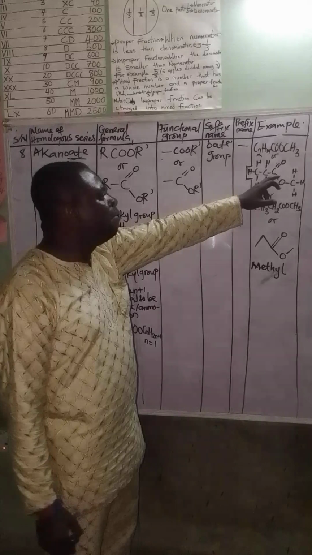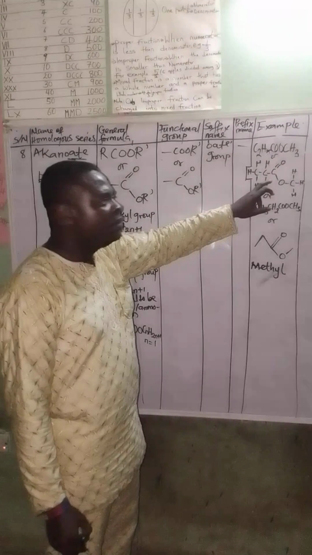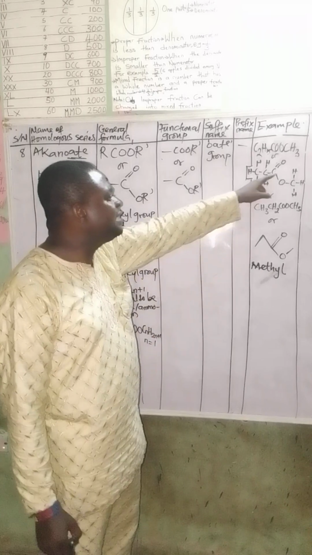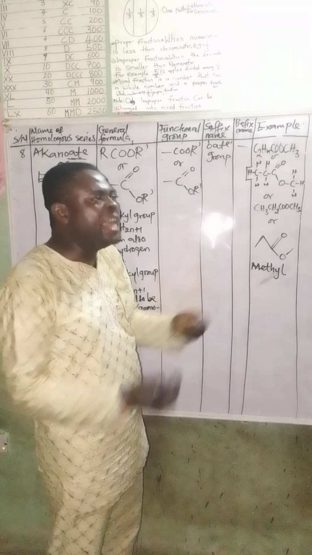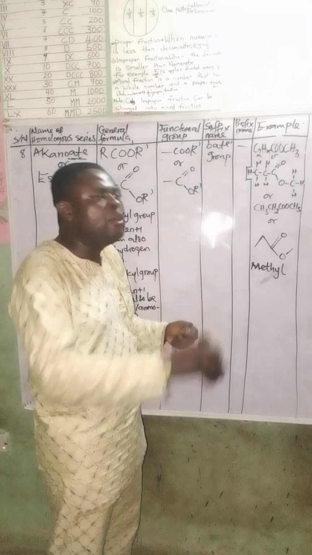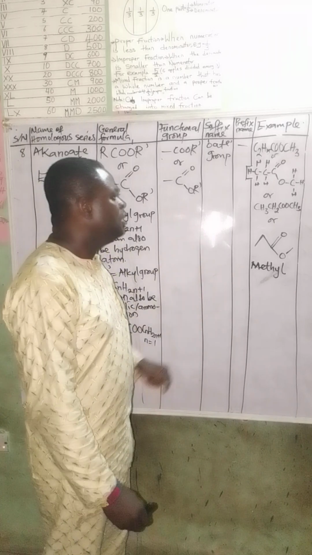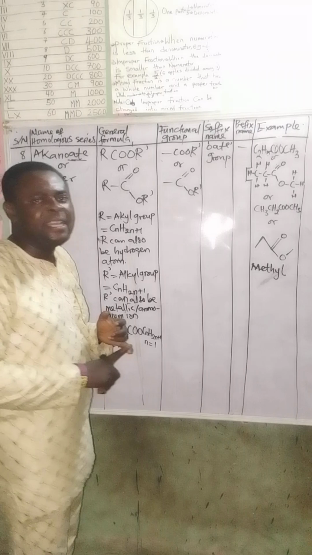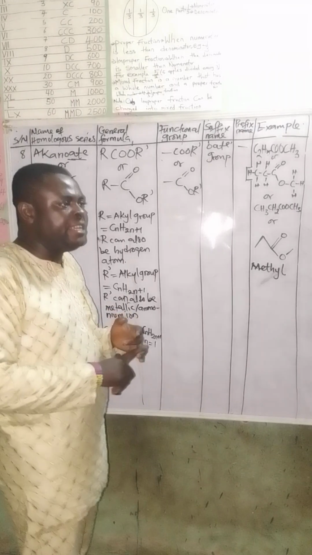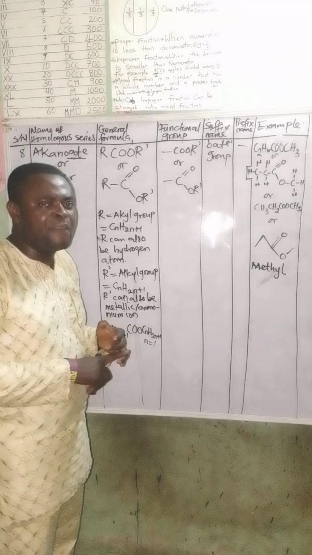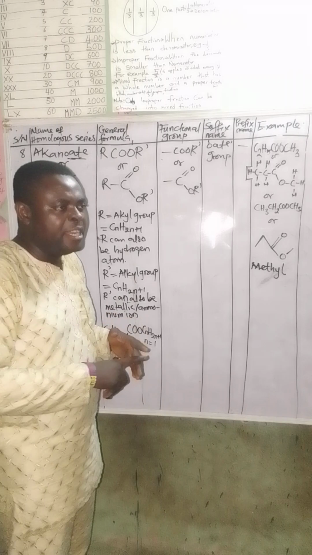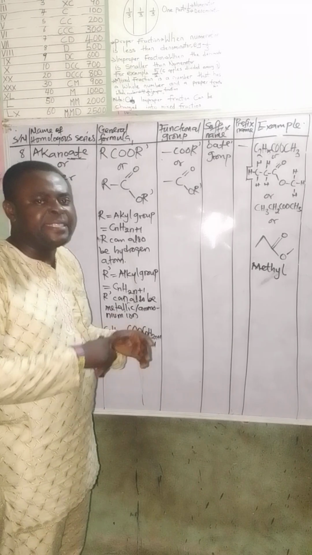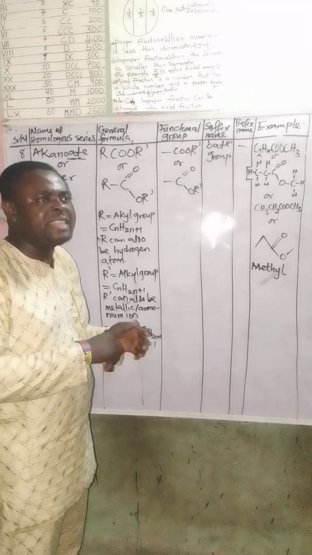You will call it the name of the alkane member that has this same number of carbon, and replace the E ending of that name with OATE. So you know that the first member of alkane is methane, the second member is ethane, the third member is propane, the fourth member is butane, the fifth member is pentane, the sixth member is hexane.